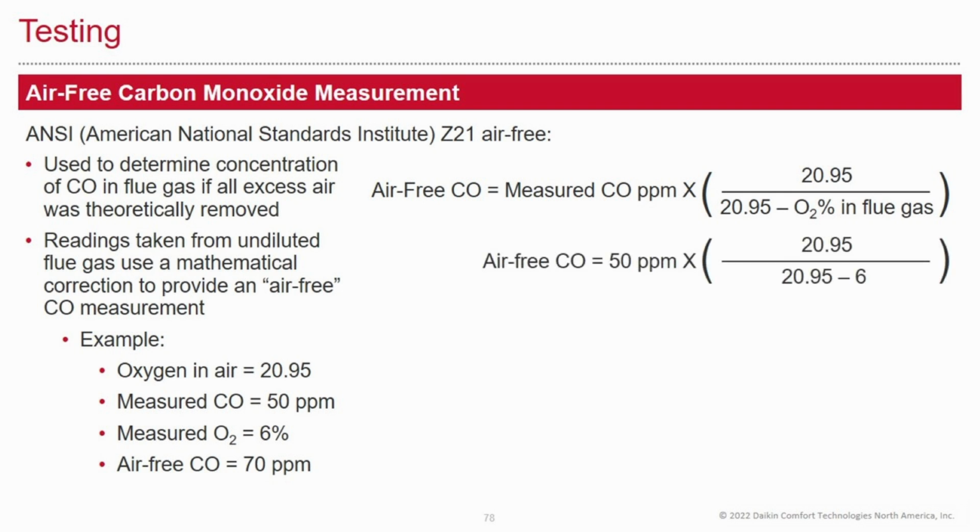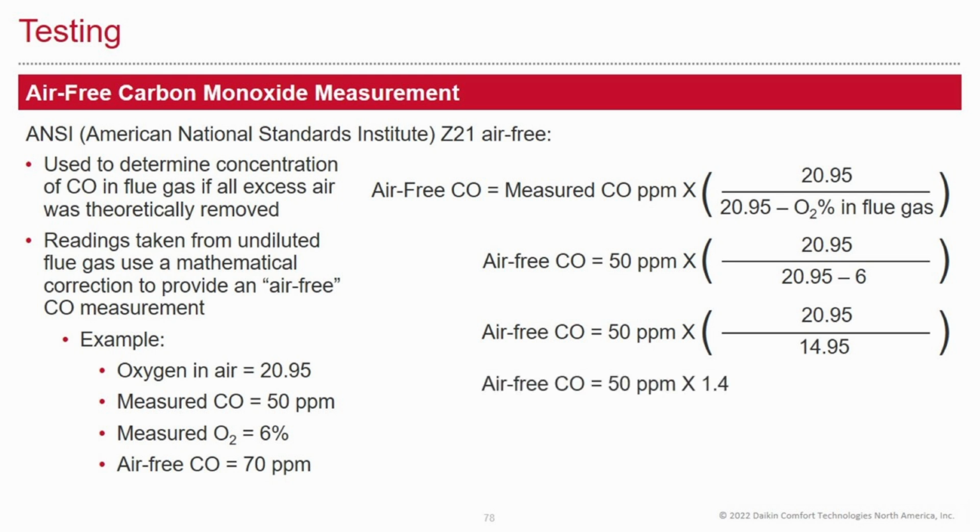That would be 20.95 divided by 20.95 minus 6% measured oxygen in the flue gas. That would give us 20.95 divided by 14.95. So the air-free CO is 50 parts per million times 1.4, which is 70 parts per million.